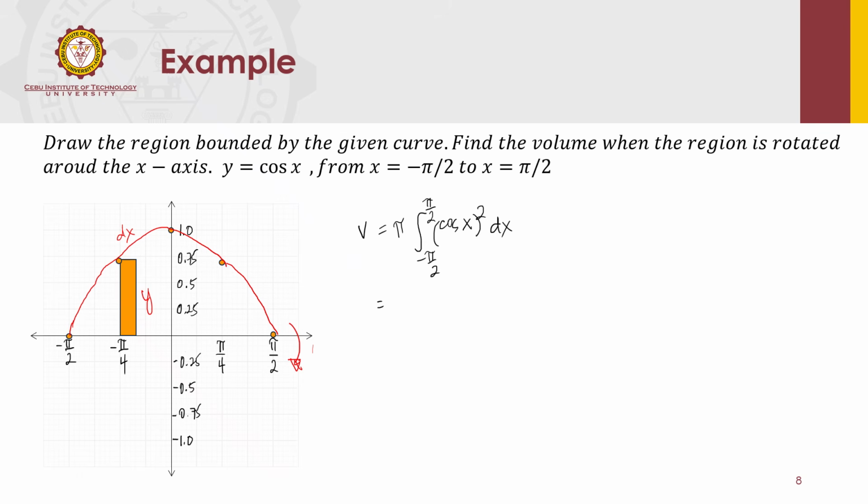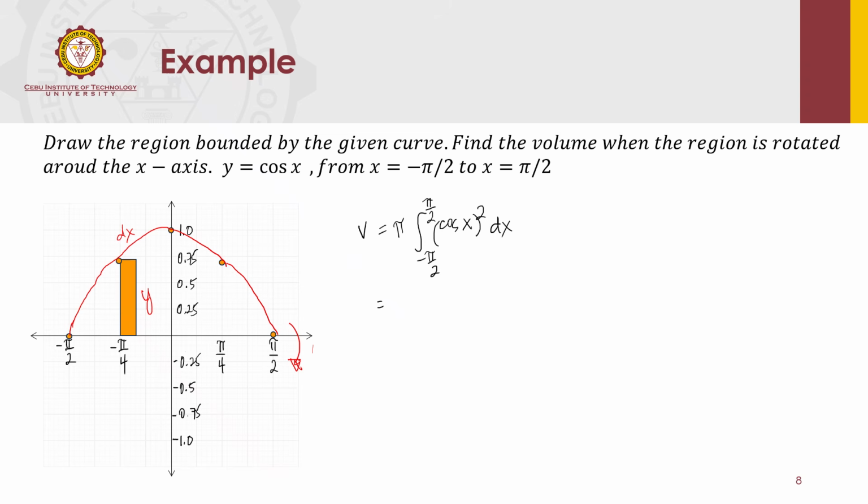So it's cosine squared of x. Using solvable groups of integrals, or actually you can use Wallis formula if the lower limit is 0, because it would be much shorter compared to solvable groups if we will be using negative pi over 2 to pi over 2.